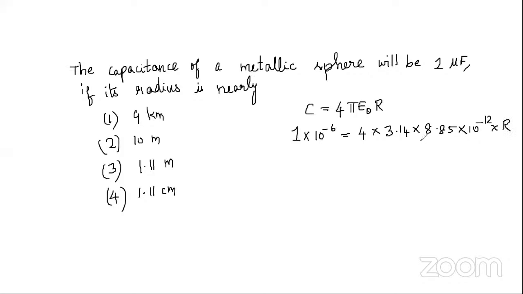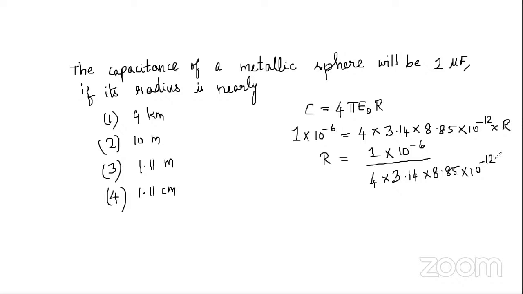So then you have to substitute everything, and r is equal to 1 into 10 power minus 6 divided by 4 into 3.14 into 8.85 into 10 power minus 12.